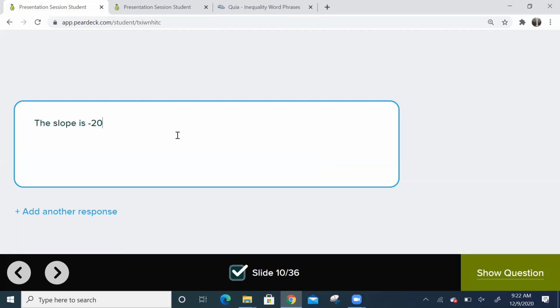What does that represent? This represents a decrease of 20 feet every minute.